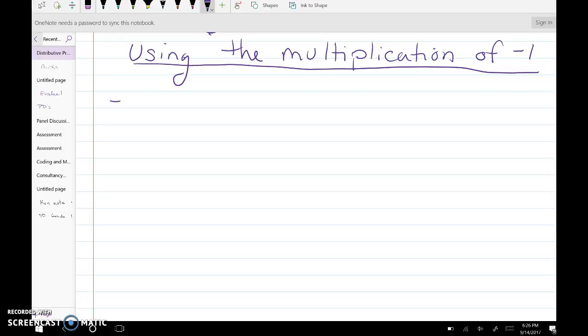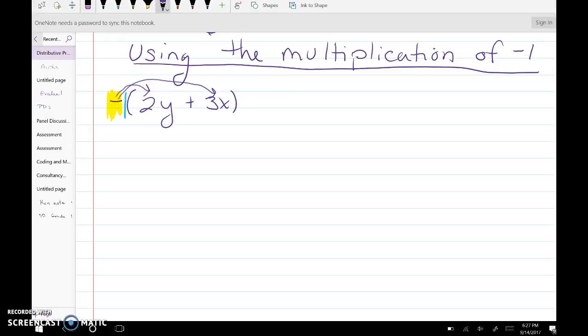You've seen a negative on the outside times (2y plus 3x). And you're sometimes confused. What do I do with this minus sign here? What does it mean? Now remember, this can be negative 1, so that I can distribute this negative 1 to both 2y and 3x.